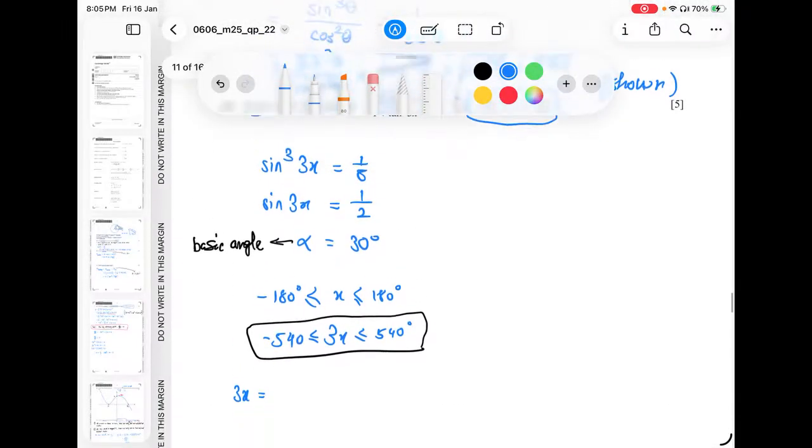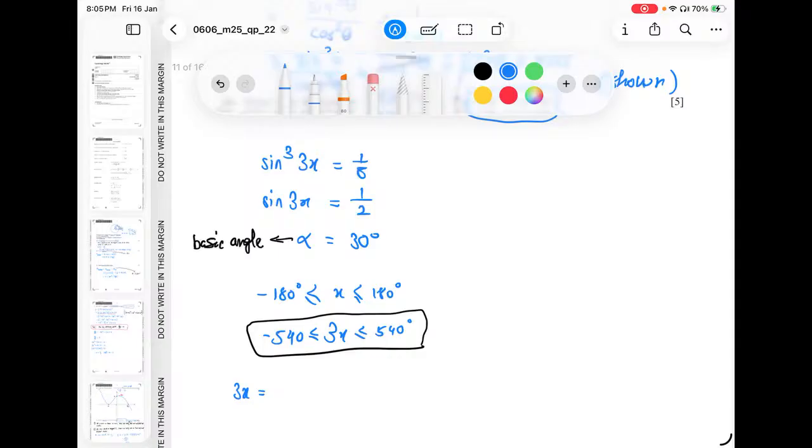Since this is a positive value, this is in the first and the second quadrant. For sine in the four-quadrant rule, sine is positive in the first and second quadrant. So A, S, T, C: all the angles in the first quadrant and sine in the second quadrant.